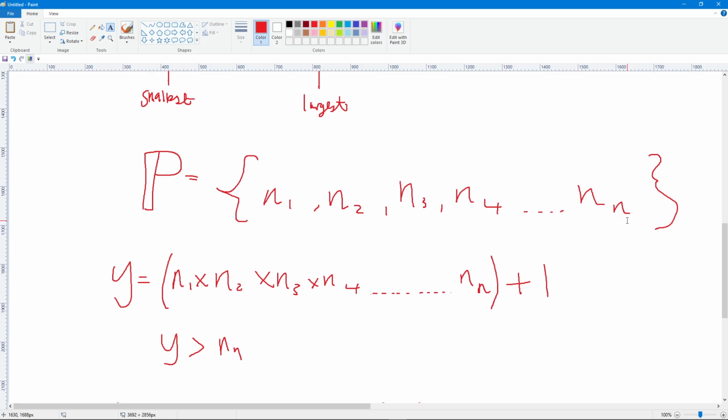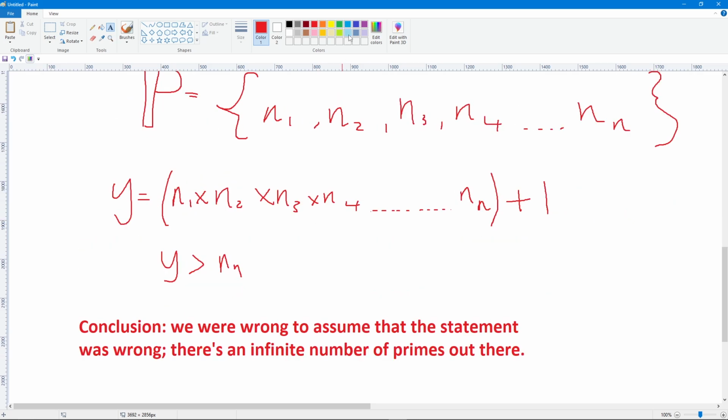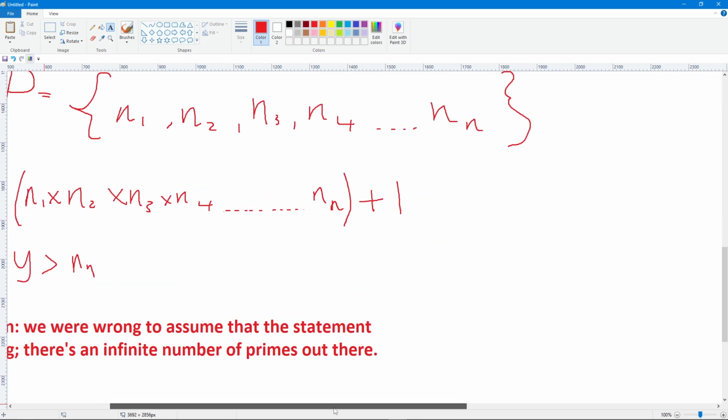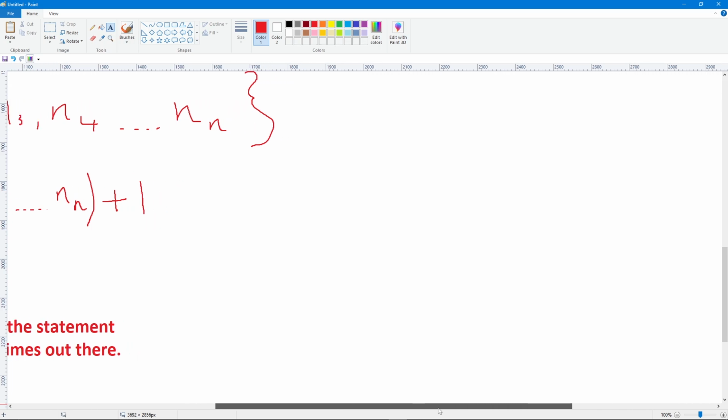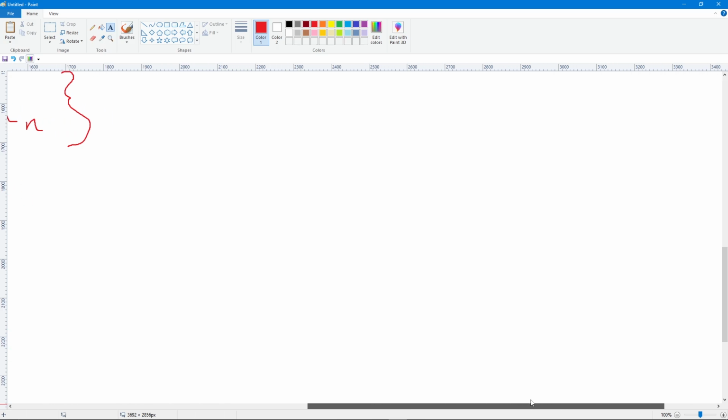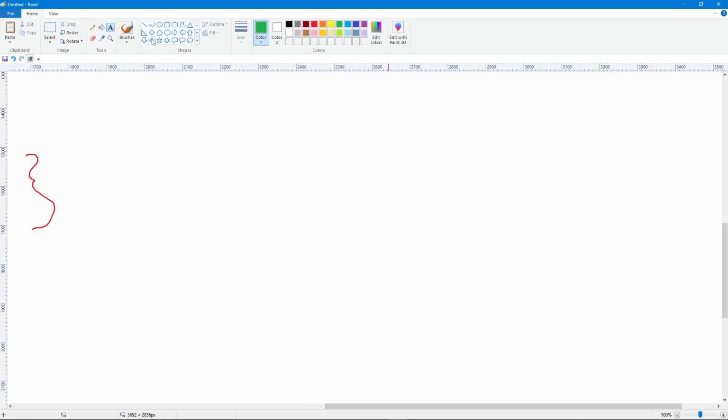Now, if you're a bit confused as to why y is a new prime, well, consider this. Any number that's not a prime can be expressed as a product of prime factors. Let's just illustrate what that means. If I have a number, let's just say 56. 56 is not a prime, because 56 divided by 2 is 28. 28 divided by 2 is 14. 14 divided by 2 is 7.